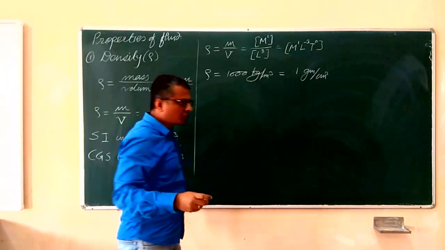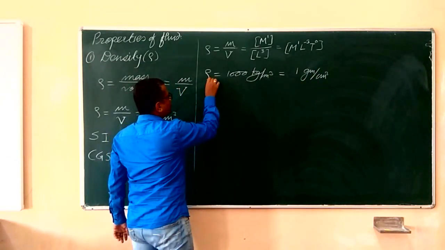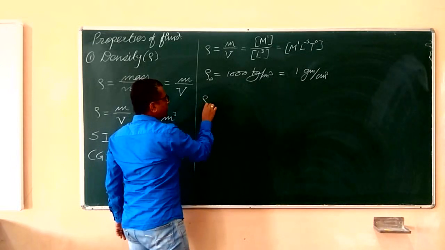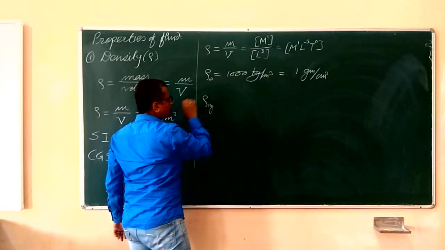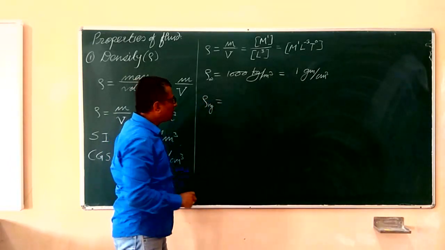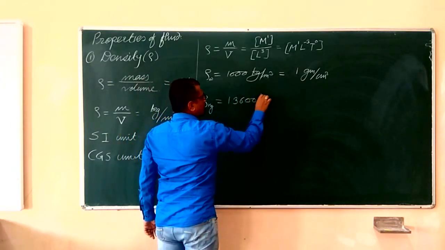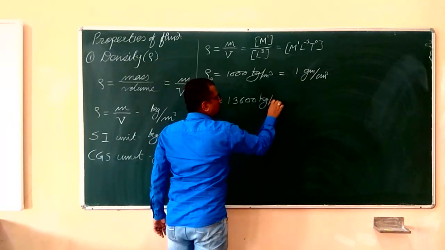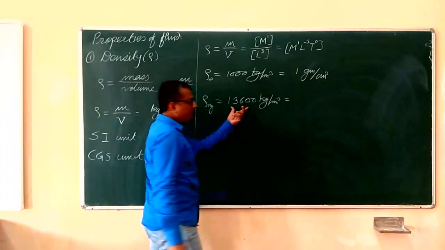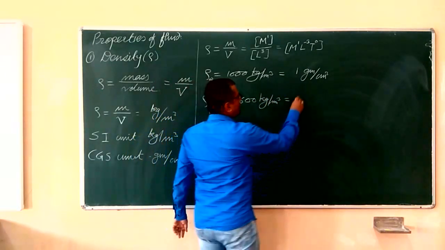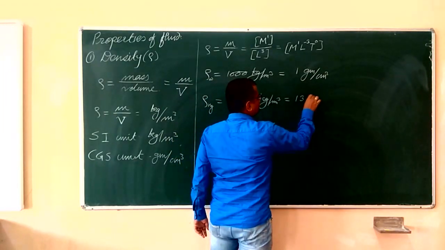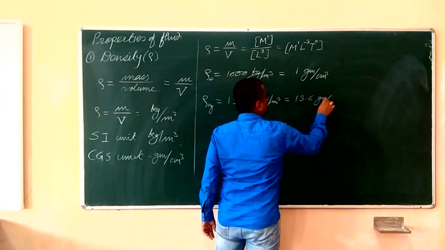Another example of one more fluid: this is the density of water, rho W. If I want to express the density of Hg, that is mercury, the density of mercury is 13,600 kg per meter cube. If you write the same density in CGS units, it will be 13.6 gram per centimeter cube.